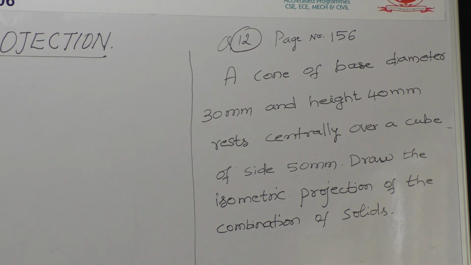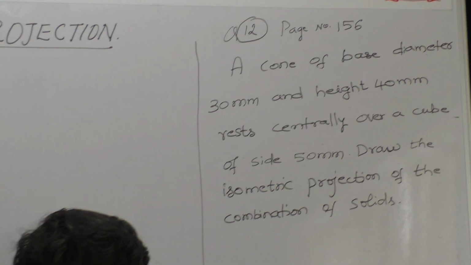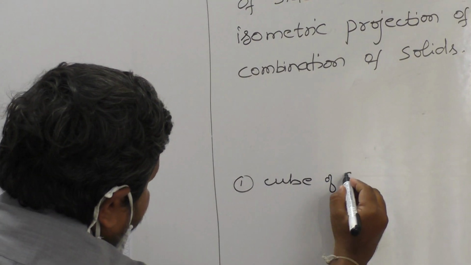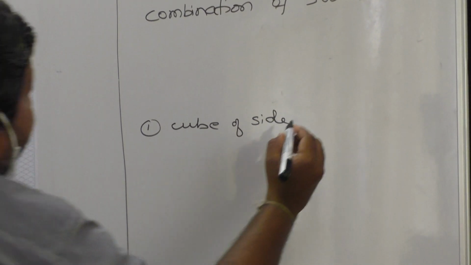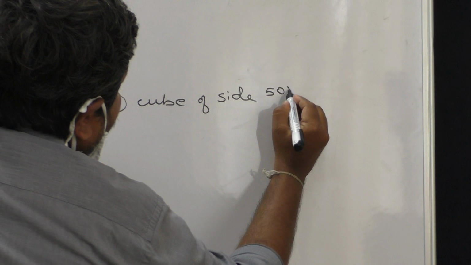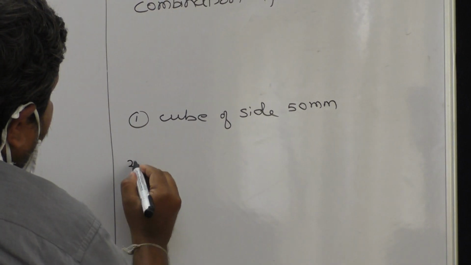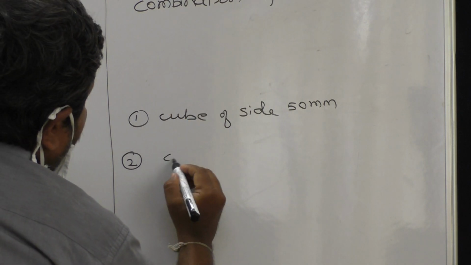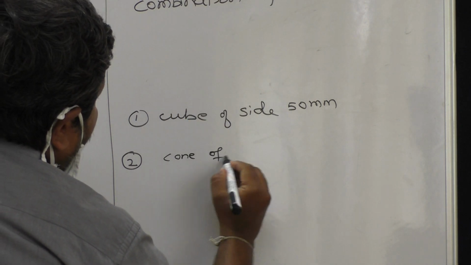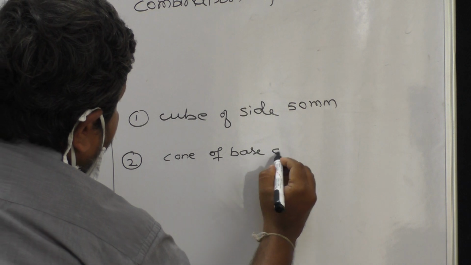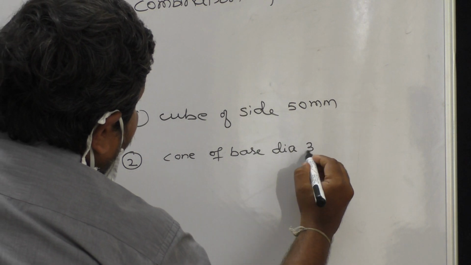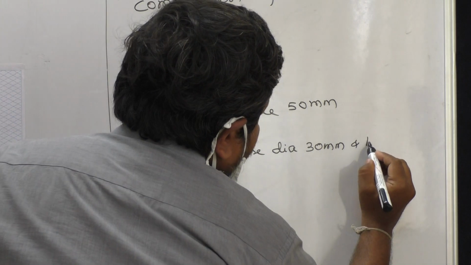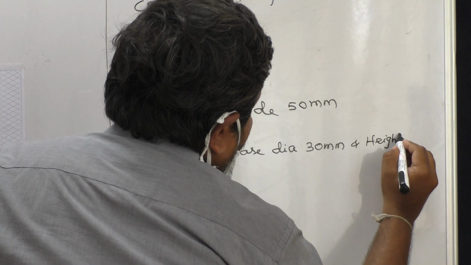Okay. So, the first object is the cube of side 50 millimeter, and the second object is the cone of base diameter 30 mm and height 40 millimeters.